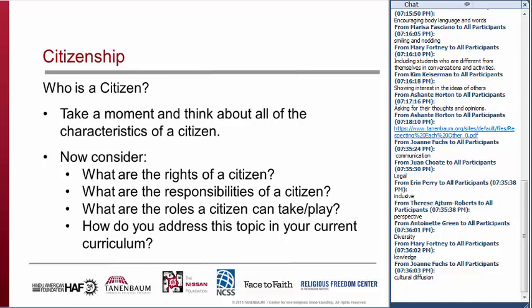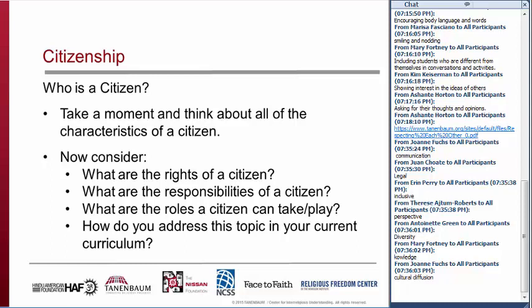And now consider, what are the rights of a citizen? What are the responsibilities of a citizen? What are the roles a citizen can take or play? And how do you address this topic in your current curriculum?